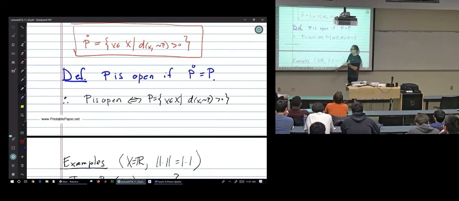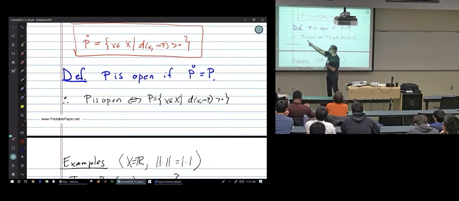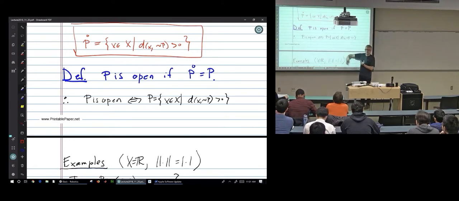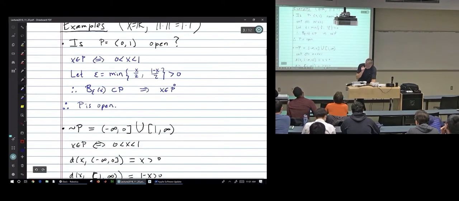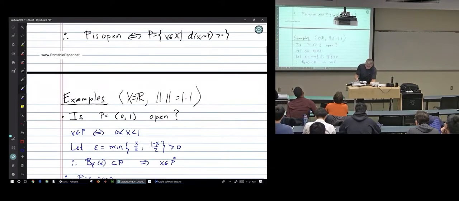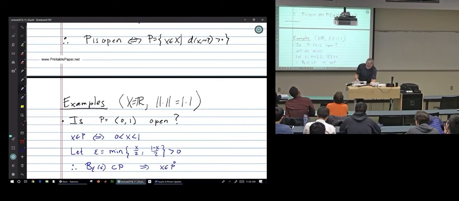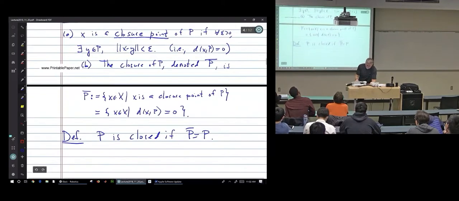Okay? So we're going to have the result: a set is open if and only if its complement is closed. So they're opposite notions. Okay? If a set is open, its complement is closed. If a set is closed, its complement is open.